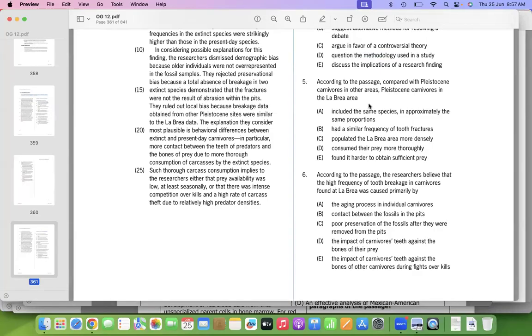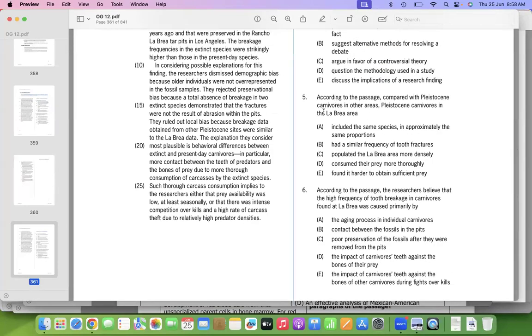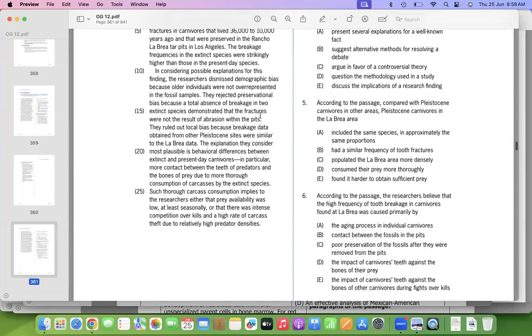Compared with the Pleistocene carnivores, in the Labria area, what was going on? This should tell you about the location. This is about demographic, this is preservational. Then local is what we should talk about. They ruled out local bias because breakage data obtained from other Pleistocene sites was similar. That is why B, similar frequency.